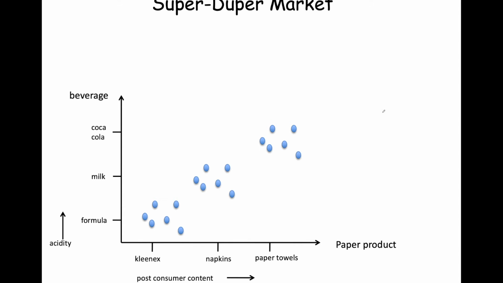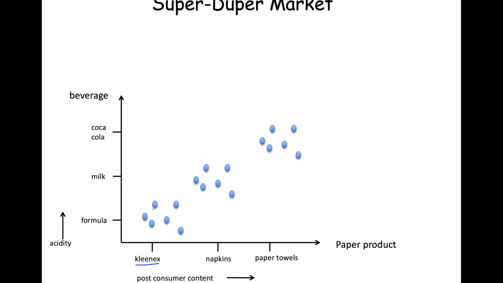Now, of course, you can have some products like Kleenex on the left-hand side of the horizontal axis that have very small amounts of post-consumer content, ranging on through napkins, which can have a little bit more, on through paper towels, which can have a lot of post-consumer content.